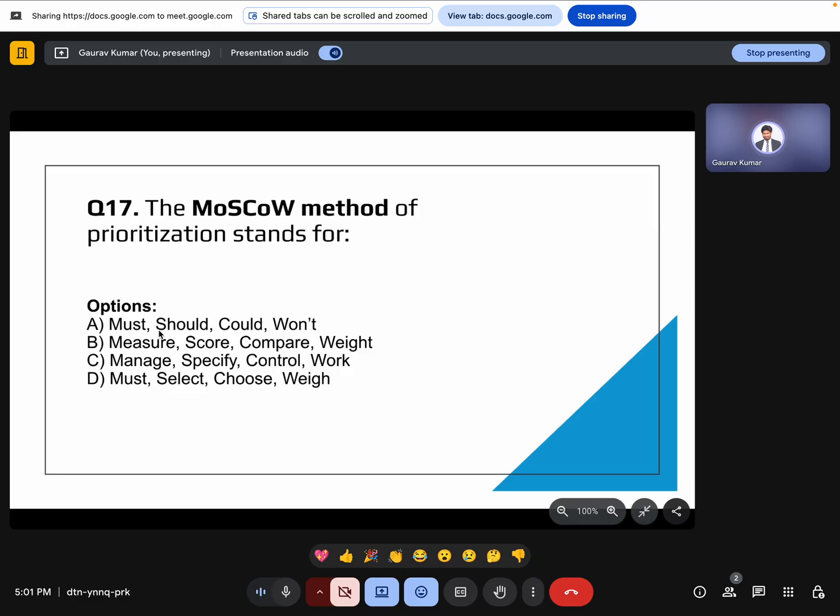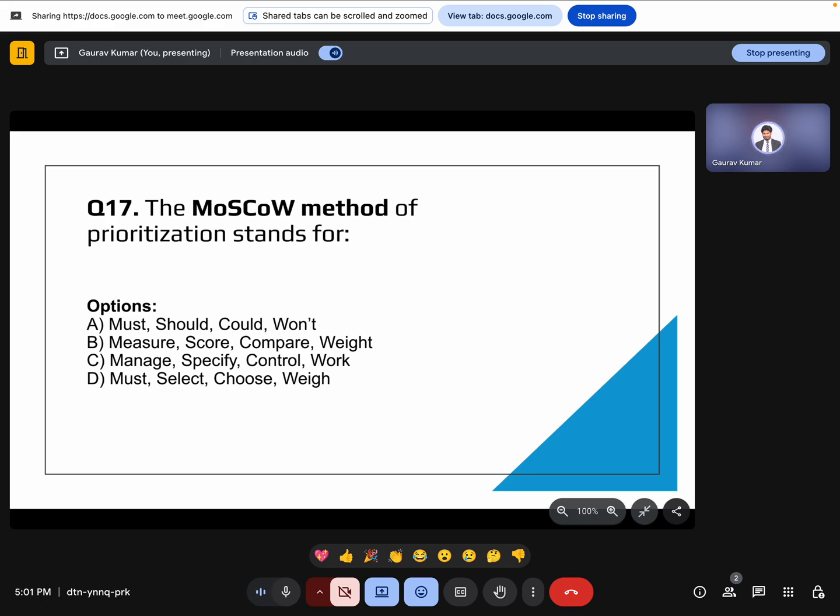So the right answer is option A: must, should, could, want. MoSCoW is a simple framework for prioritizing requirements. It classifies needs into categories of importance to guide development.